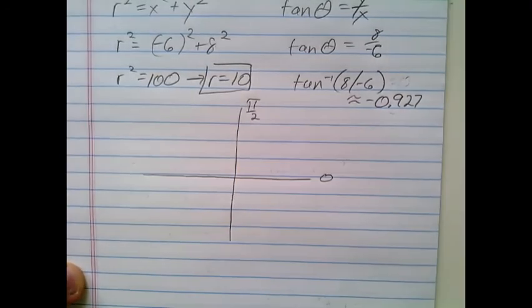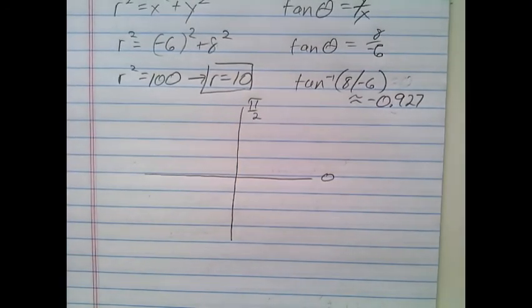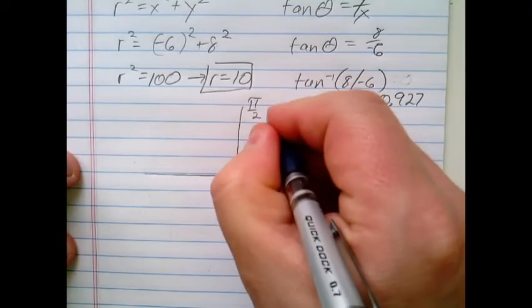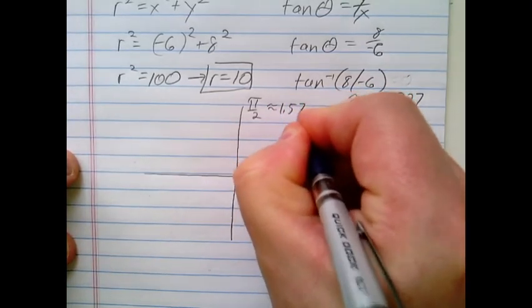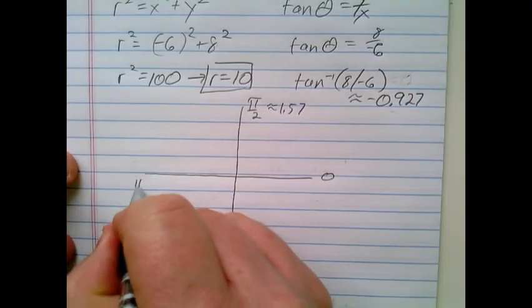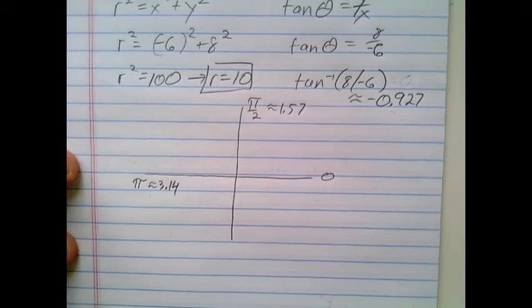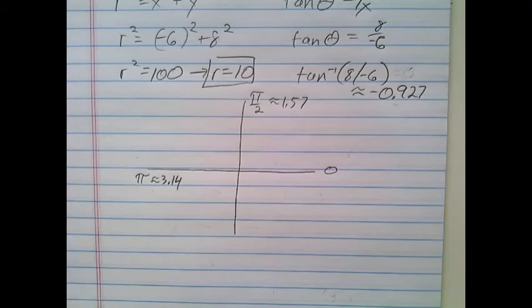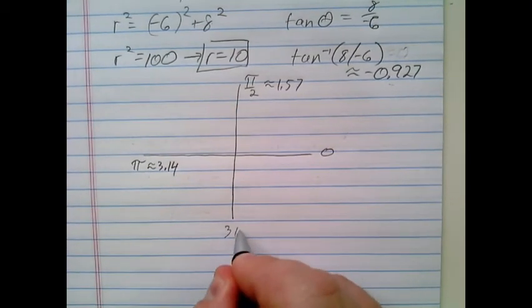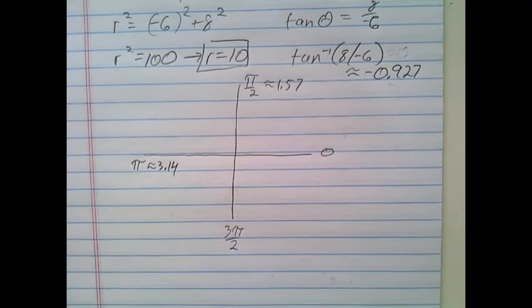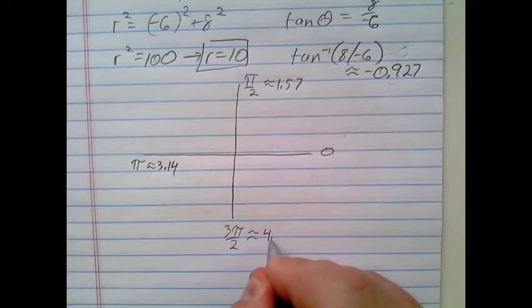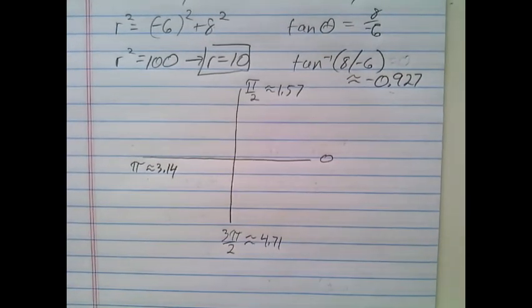This is pi over 2, which is about 1.57. This is pi, which of course is about 3.14. And this angle down here is 3 pi over 2, about 4.71. That's kind of helpful.